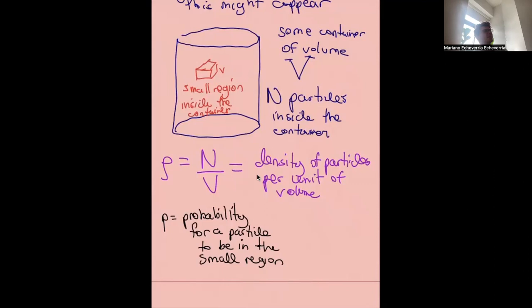You would say it's the ratio between the volumes. We'll do that Friday or Monday when we talk about continuous probability. If you don't know anything else, the easiest probability to assign is the ratio of the volumes. That makes sense, because if you had chosen this volume to be the entire container, then the probability would be 1 for the particle to be there.